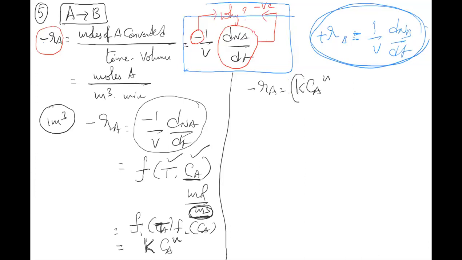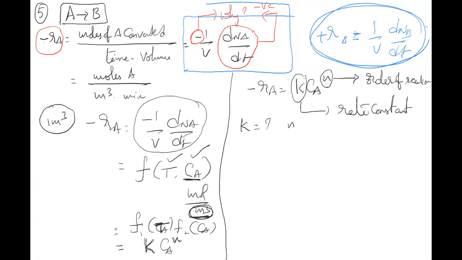K is the rate constant, and n is the order of reaction. So we need to find out K and n. The entire objective of chapter 1, CRE 1, is to find out K and n.